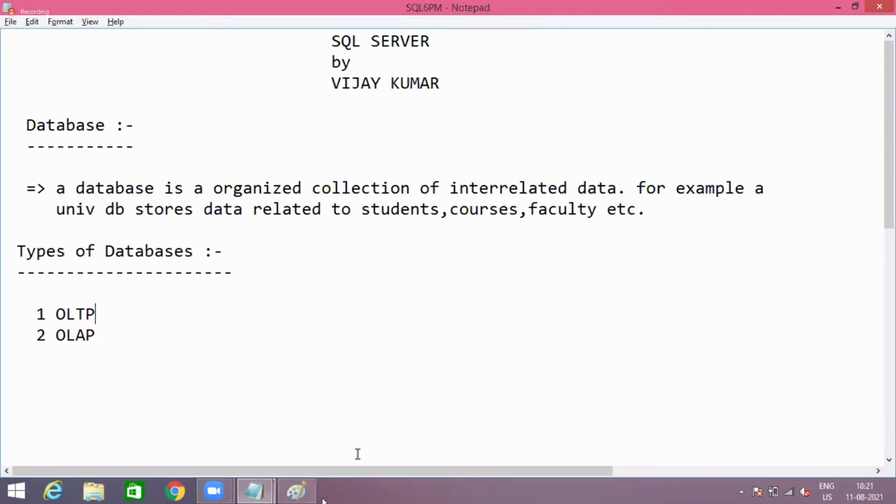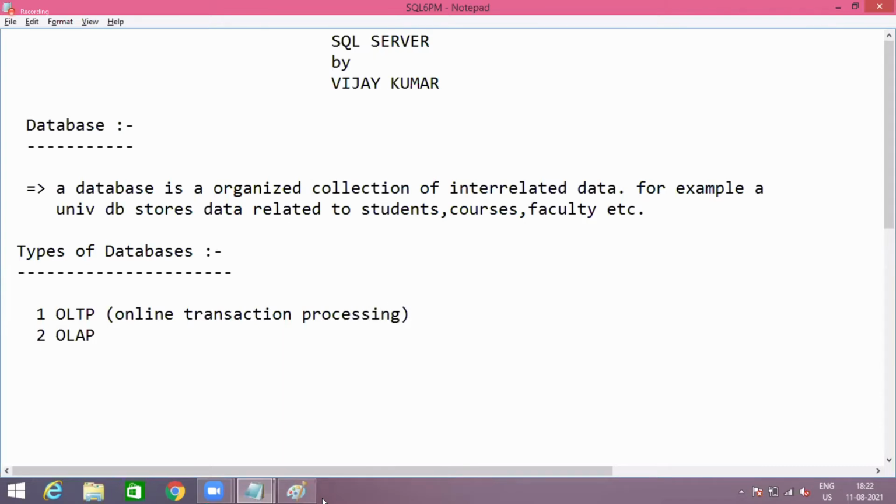Anyone knows what OLTP stands for? OLTP stands for online transaction processing.